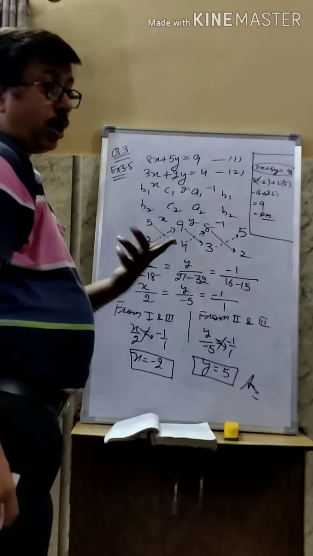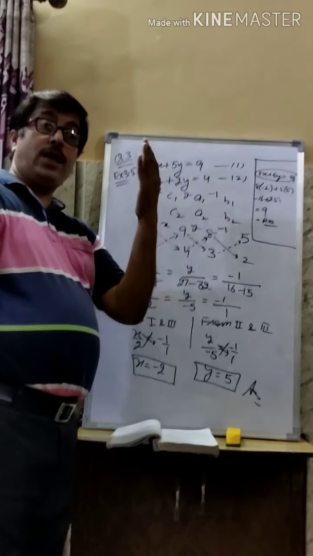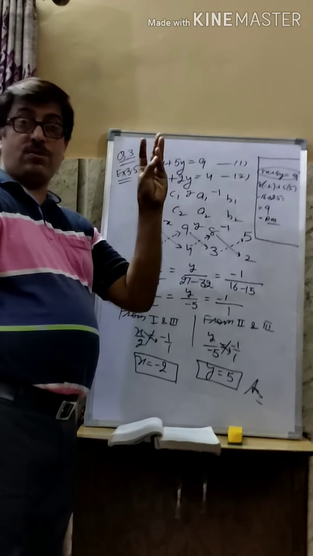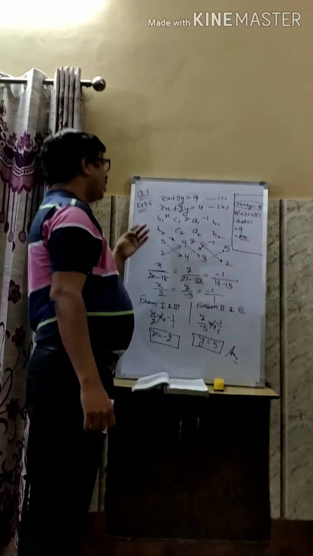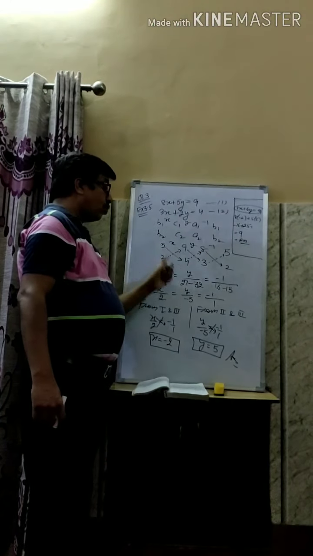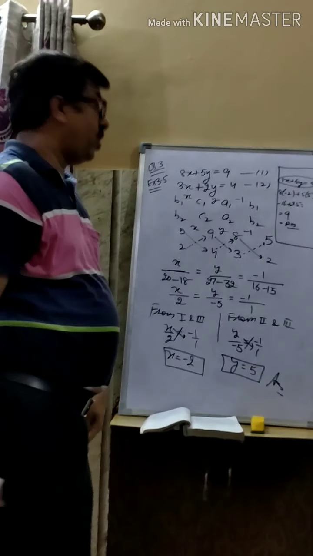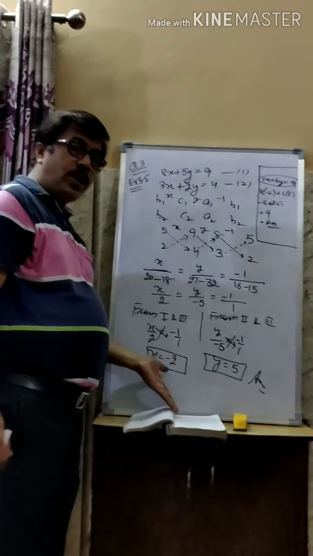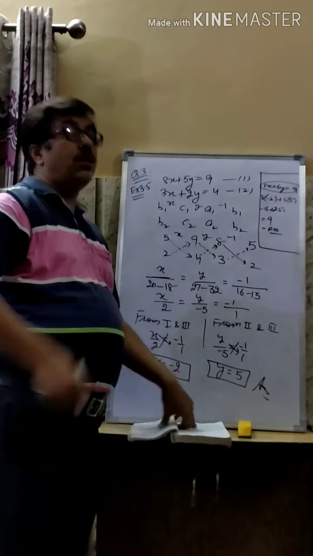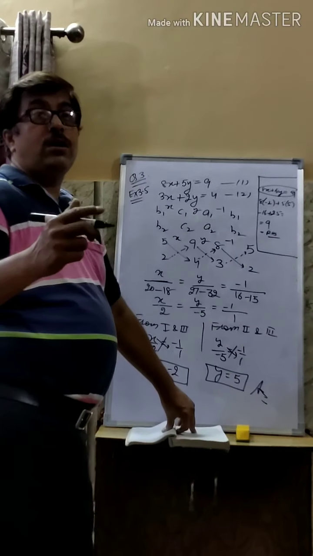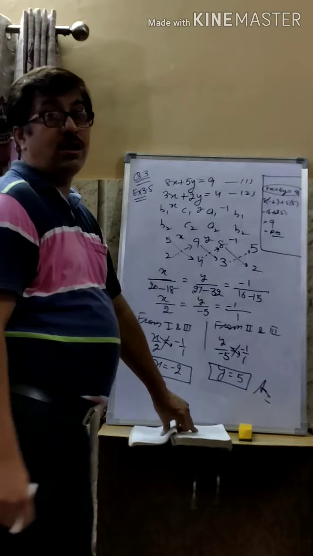Means after getting 2 equations, you can solve by any method: substitution method, second elimination method, and third cross multiplication method. It is up to you which method you feel comfortable with. But it was told that whenever 2 equations come in a word problem, you solve by elimination method. It will be easy and it saves time.